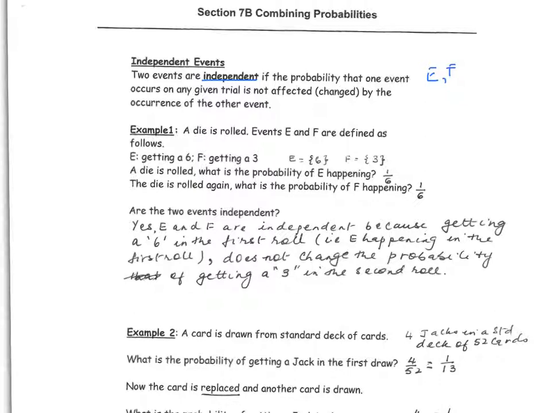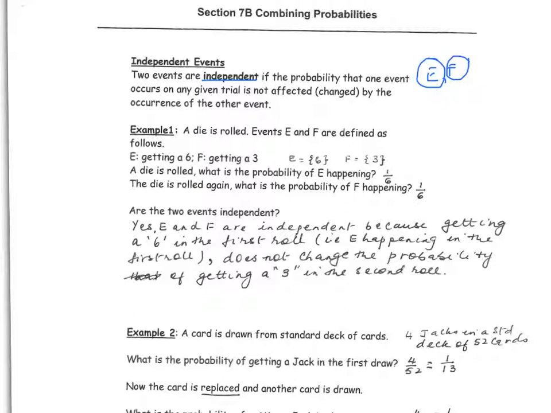Two events are independent if the occurrence of the first event, let's say E, does not affect the probability of the second event occurring. So that is the definition of two independent events: if the happening of one does not affect the probability of happening of the other.